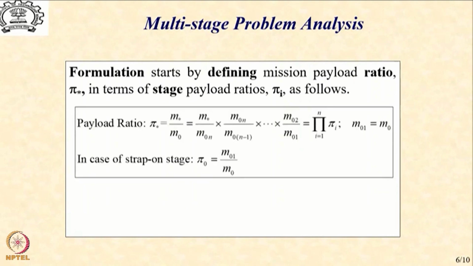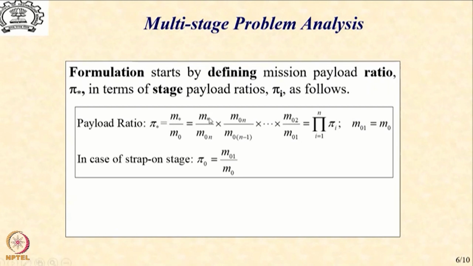It's not very difficult to see that we can define a recursive process as shown through this multiplication until we arrive at m01, and as you can see, each of these represents a stage payload ratio.